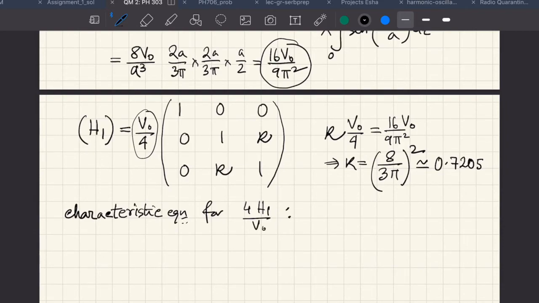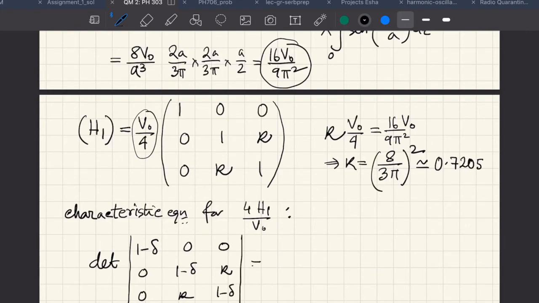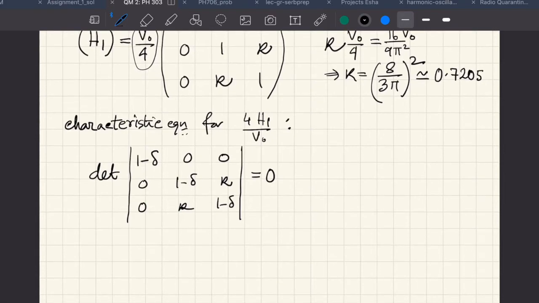So we need to write the determinant: 1 minus delta, 0, 0; 0, 1 minus delta, kappa; 0, kappa, 1 minus delta; equal to 0. And this immediately tells us we have 1 minus delta here, and then 1 minus delta whole square minus kappa square is equal to 0.